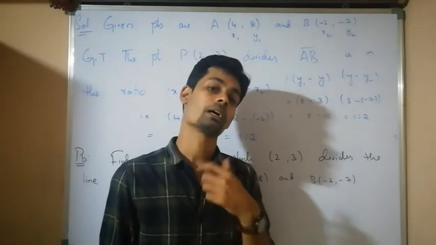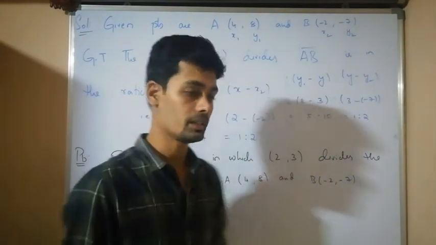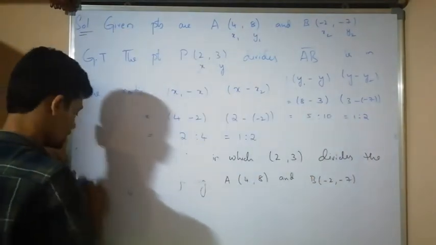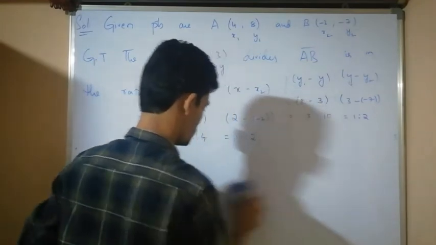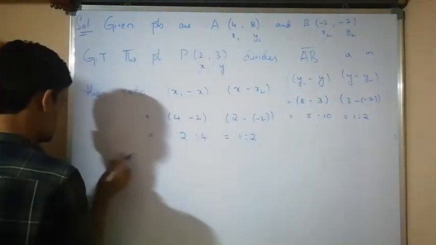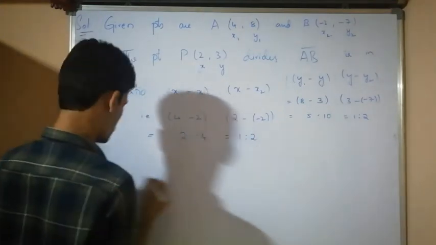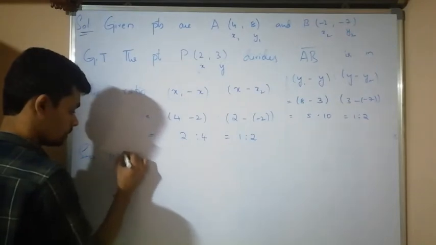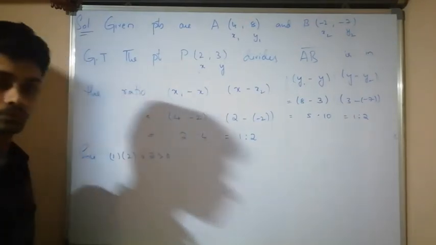If the product becomes negative, then I will say that this point is dividing externally. So what we got here? The ratio is 1 is to 2. Since 1 is to 2, 1 into 2 is equal to 2, which is greater than 0.